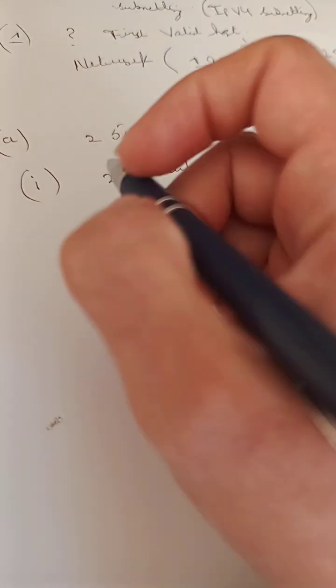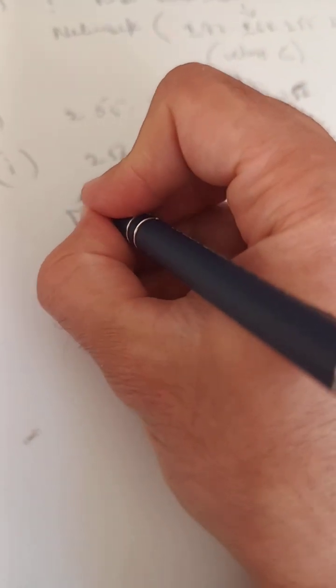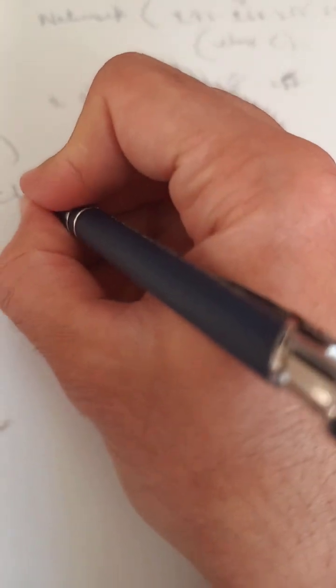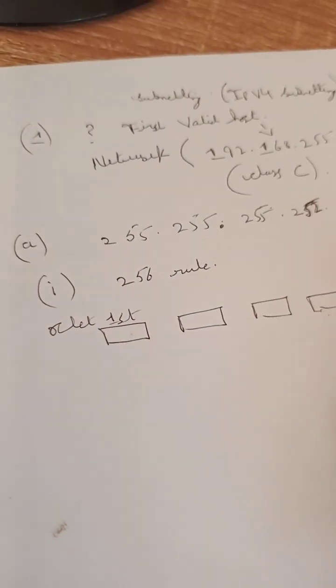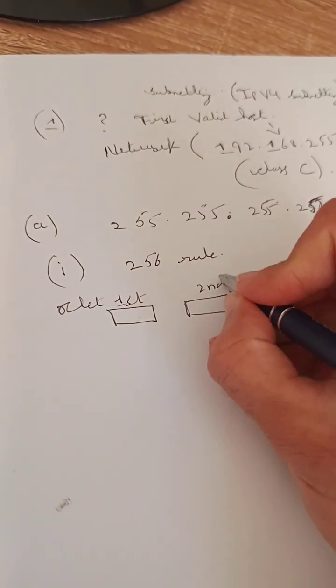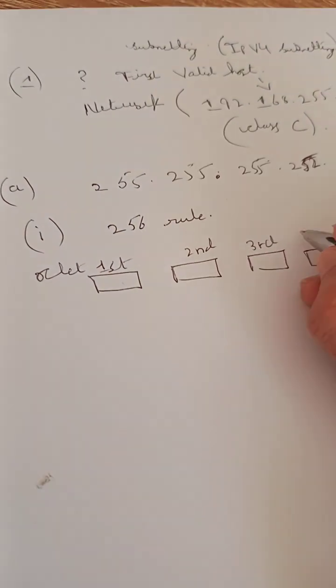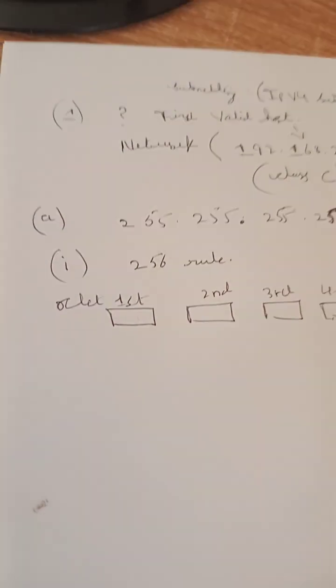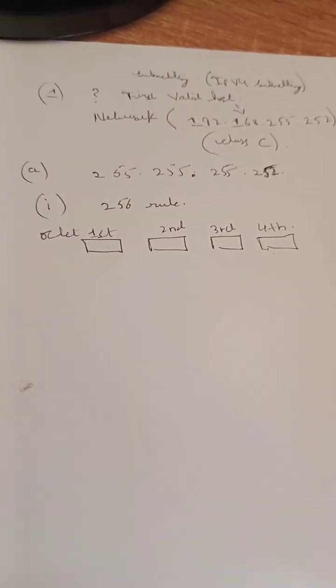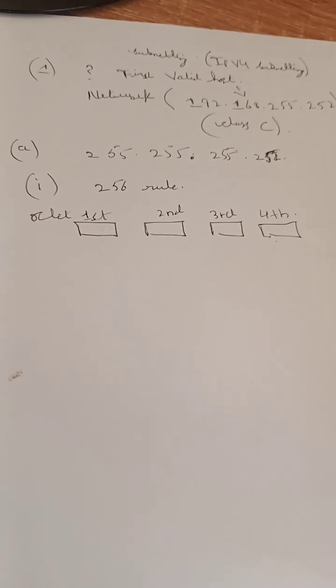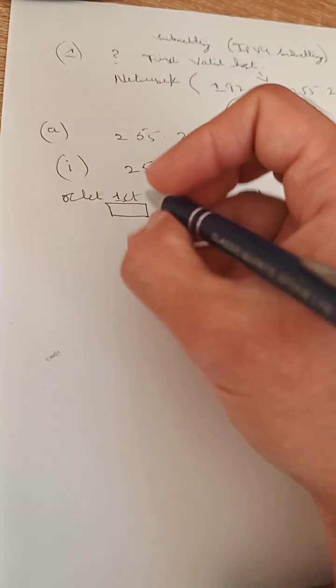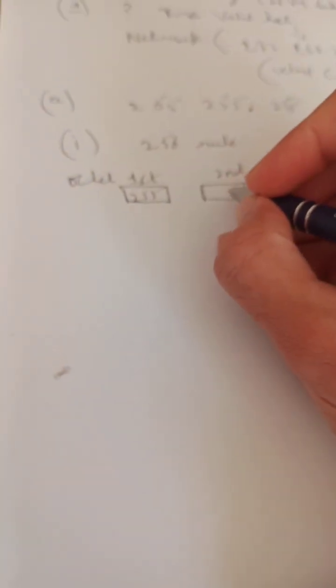I'll keep octets on this side. I really need to improve my writing, but octet, first, second, third, and fourth. Now just put the subnet mask in there.